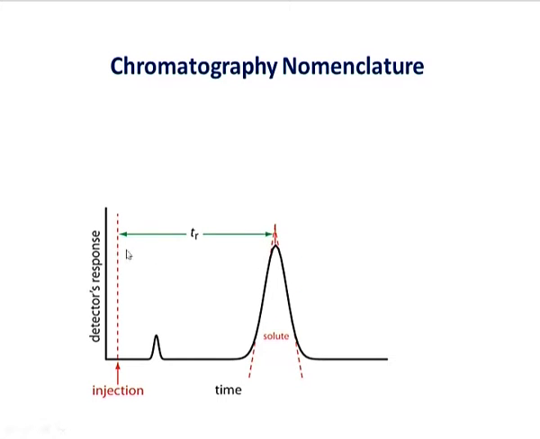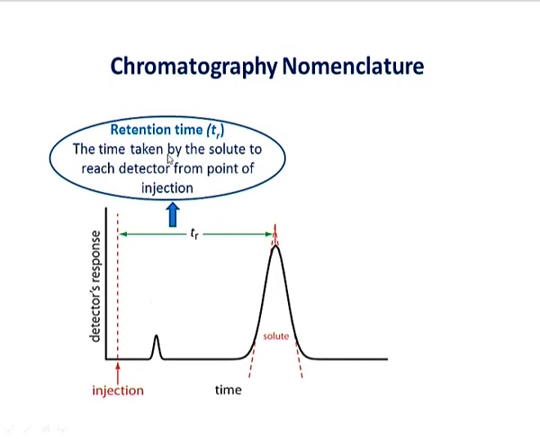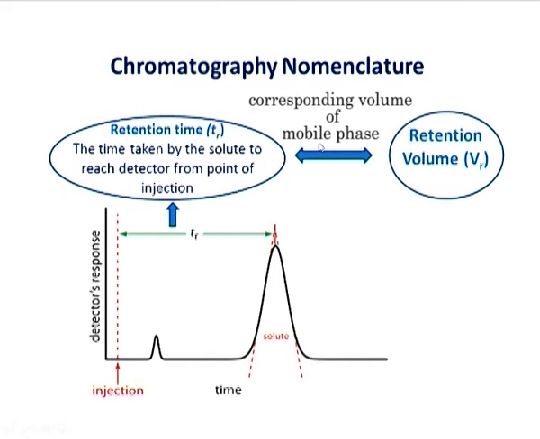Now, the distance from the vertex of this peak of interest to the injection point is Tr. This Tr is called retention time, which signifies the time taken by a solute to reach the detector from the point of injection. This retention time can also be related to a corresponding volume.